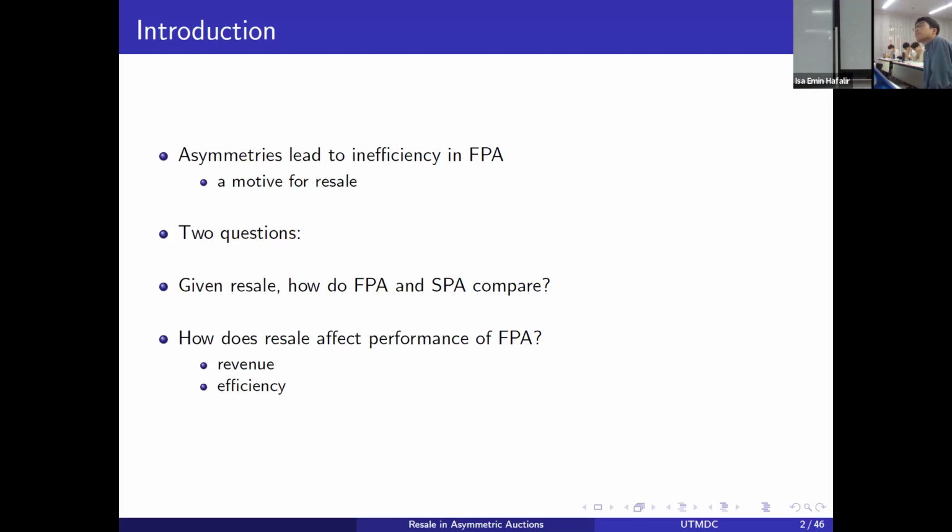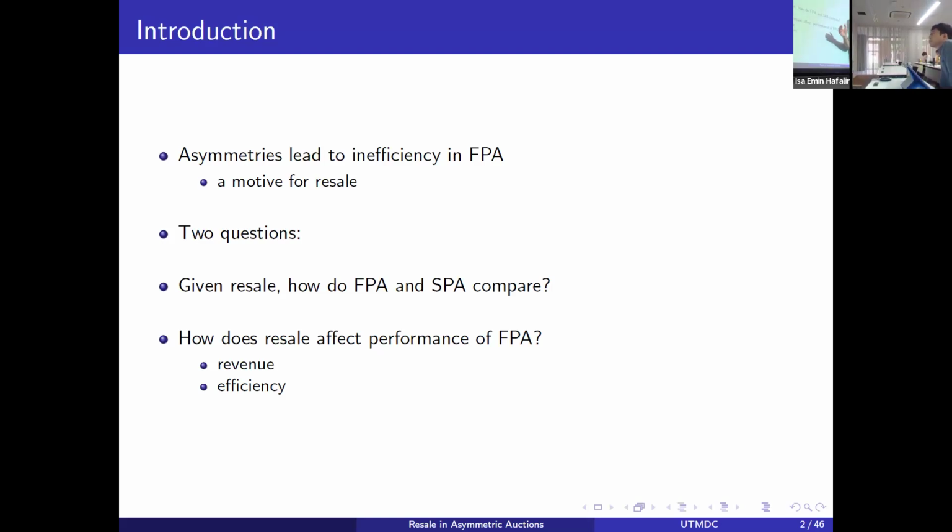So the first paper asks two questions. The first question is: in the presence of resale, how do first price auctions and second price auctions compare, especially in terms of revenue? And the second question is: in the case that you could ban resale, which in some contexts is not possible, but let's say that it is, would you want to ban resale, or would you like to allow it?